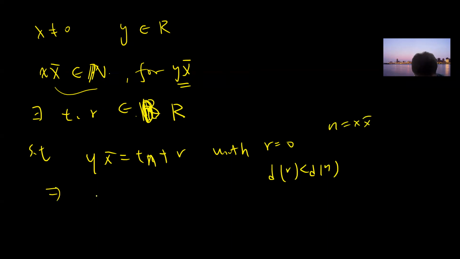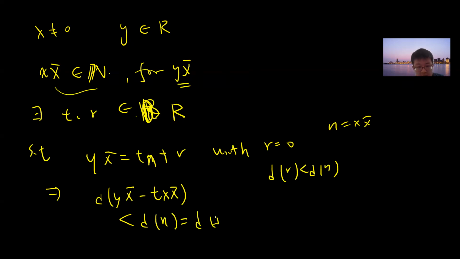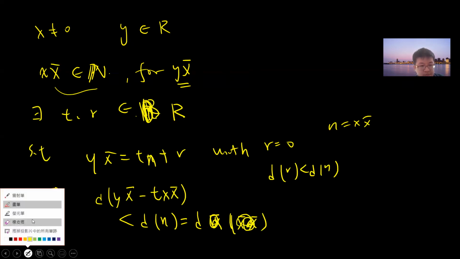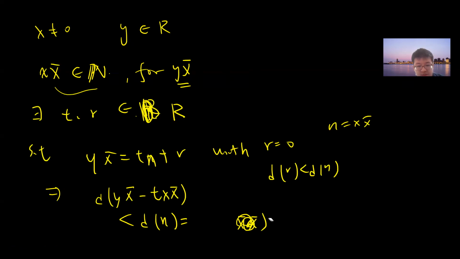So from here we get d of (y x bar minus t x x bar) less than d of n, which is d of (x x bar).